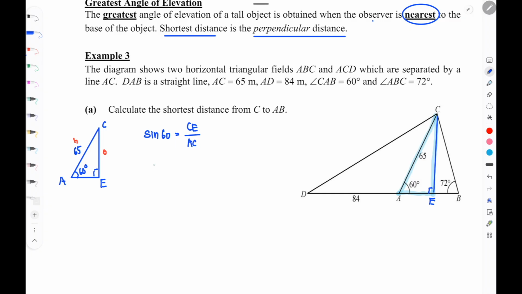So sine 60 equals to CE over 65. I make CE my subject. I bring my 65 over. I get 65 sine 60. This will give me 56.291, which I can round off to 56.3 meters. So it's 3 SF.